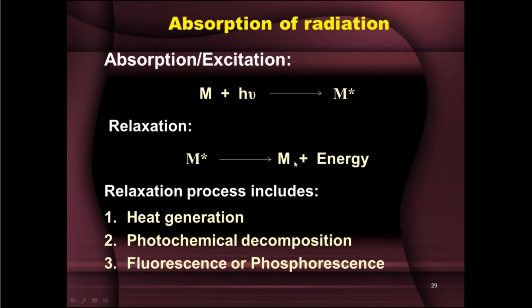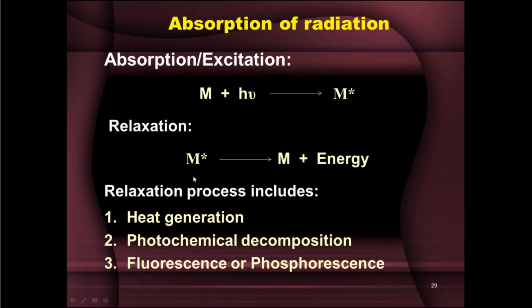If this occurs, then M will not be formed, because M undergoes decomposition and a new substance is formed, say N. So energy would be used up here to form N. That is photochemical decomposition. The third possibility is emission of fluorescence or phosphorescence.